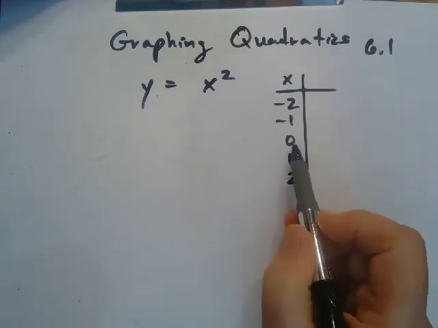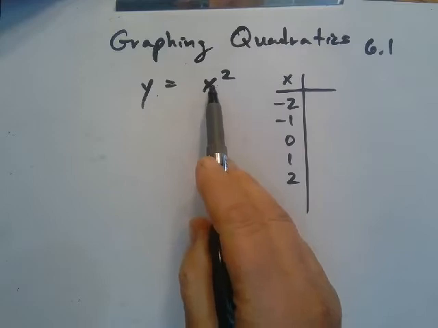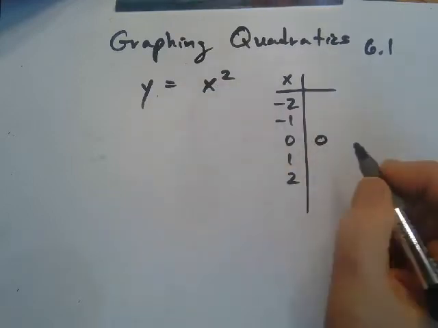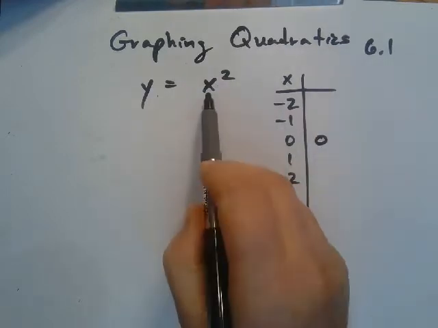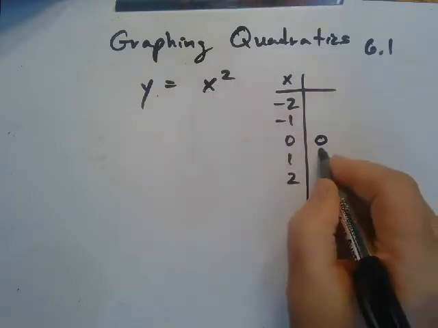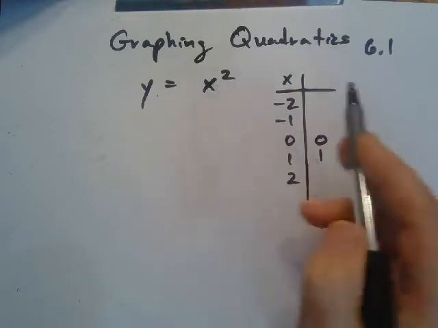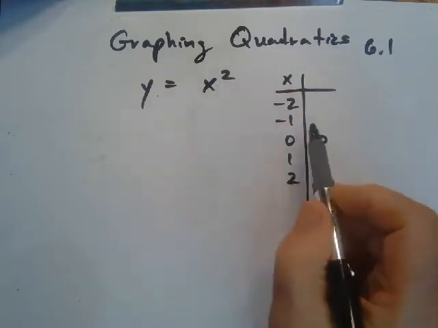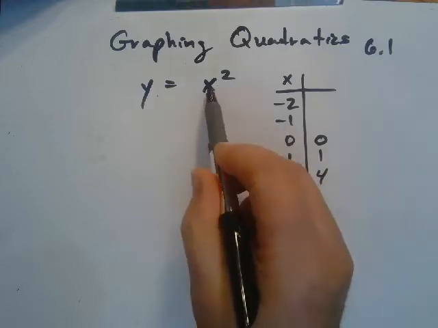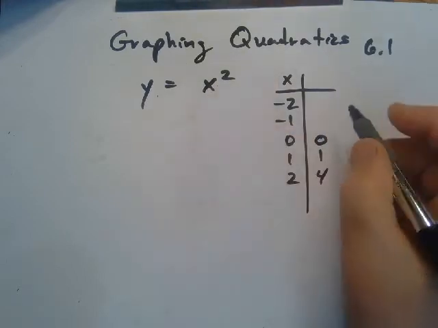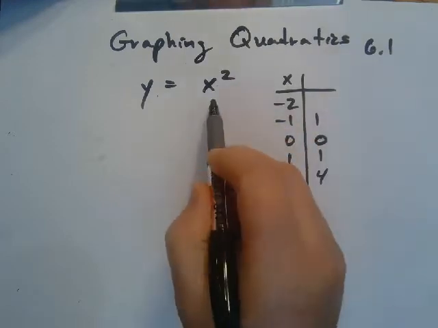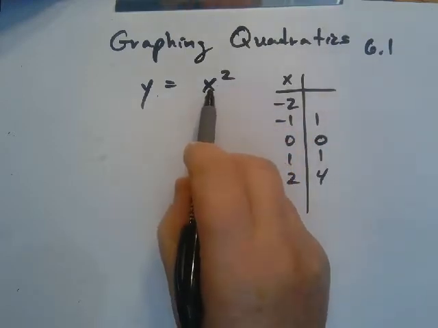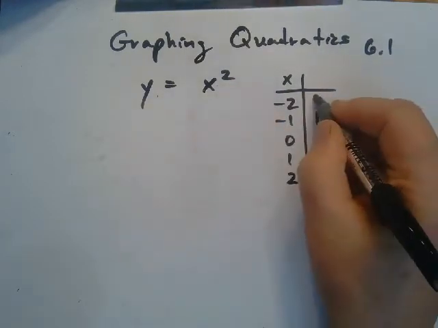Well, let's start with 0. If x is 0, 0 squared is 0. If x is 1, 1 squared is 1. If x is 2, 2 squared is 4. Let's go back the other way. If x is negative 1, negative 1 times negative 1 is a positive 1. If x is negative 2, negative 2 times negative 2 is a positive 4.